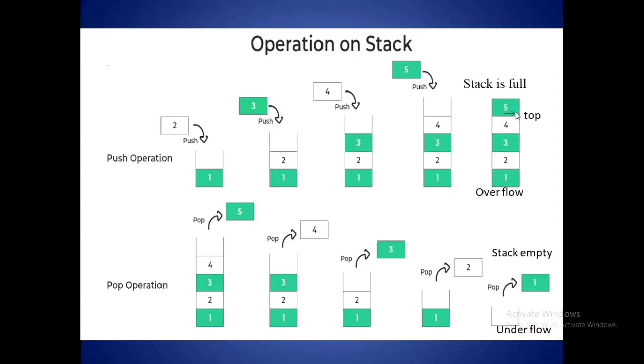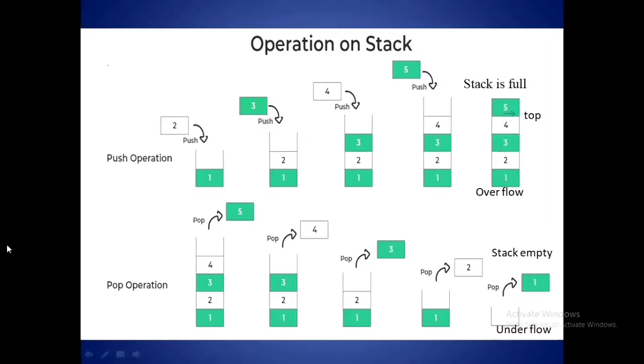In this push operation, the algorithm steps are: first, step 1, check if the stack is full or not. If the stack is full, produce an error and exit. If the stack is not full, push the elements.